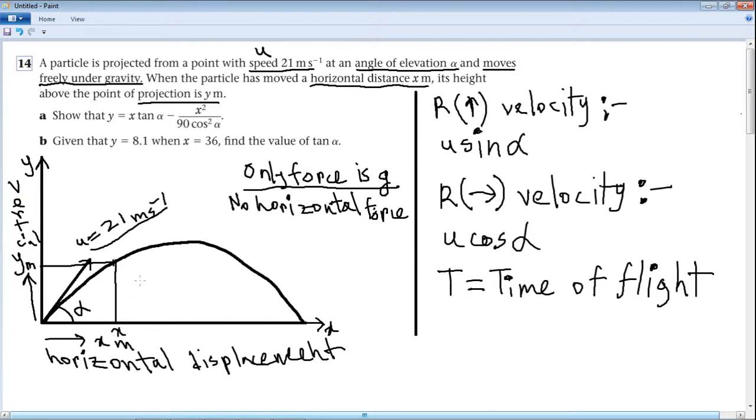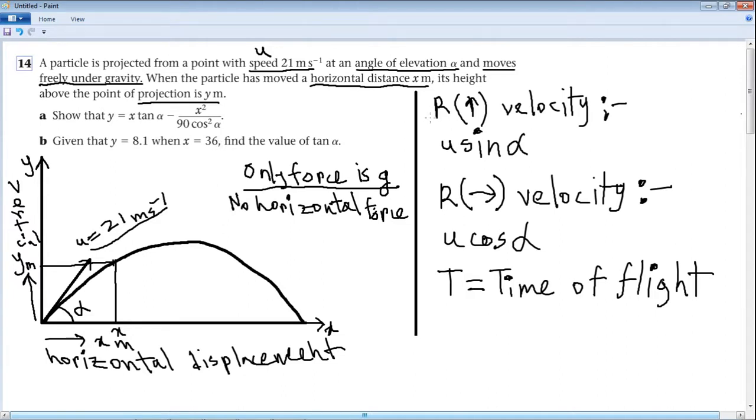I hope that you have got it clear. So now let us get back to the solution. Here is the diagram of this question.